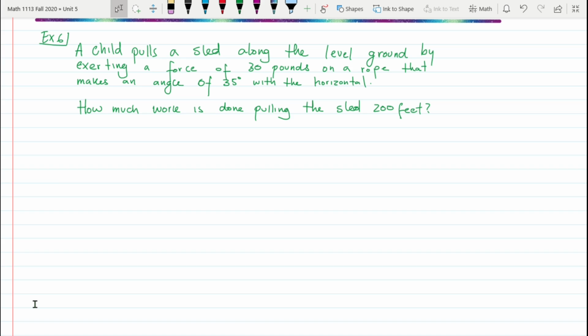Well, it's often suggested that it is good to draw a picture, right? So maybe here is a sled, and here's the kid. Right? I don't know. Here's the rope.